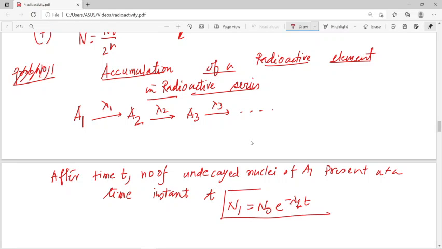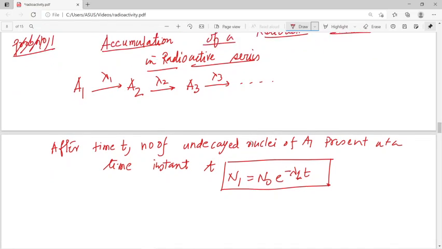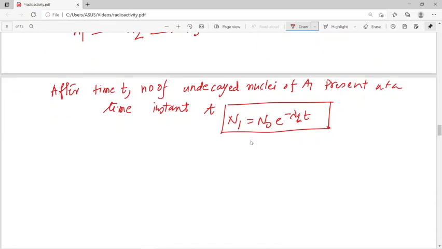Due to disintegration of A1, the nuclei of A2 are formed, and these start decaying with decay constant lambda 2 to another element, A3. So at an instant t, N2 undecayed nuclei of A2 are present.